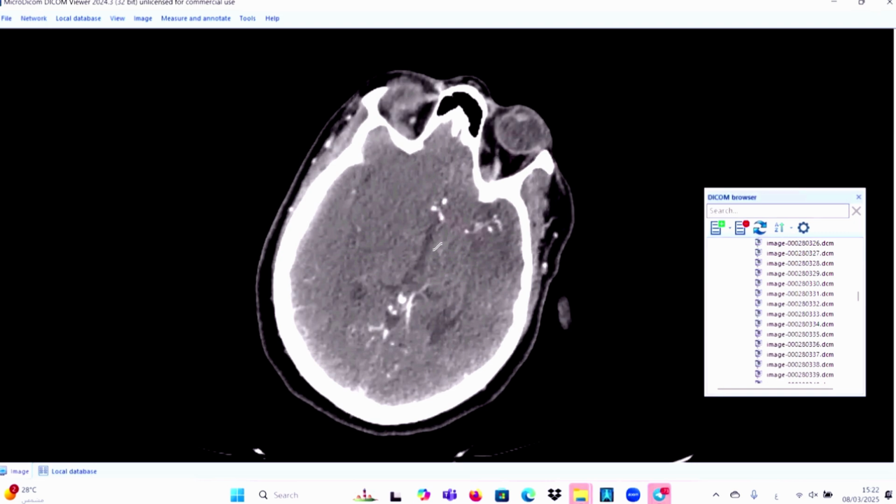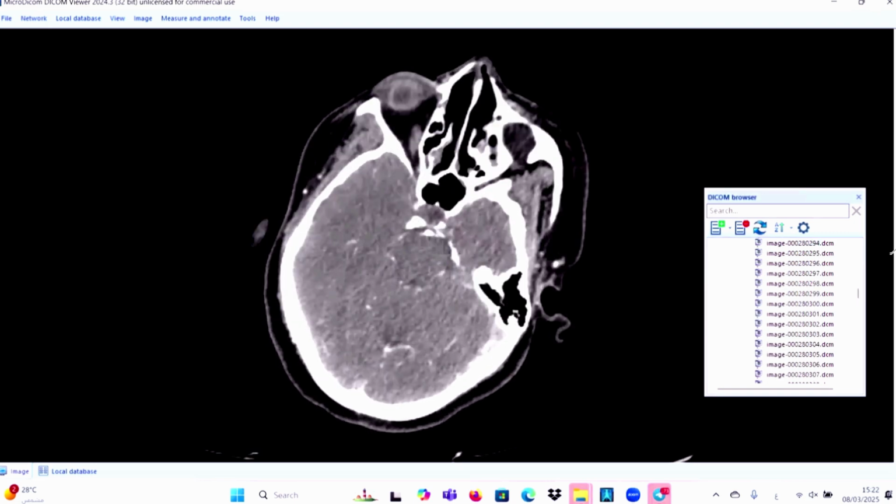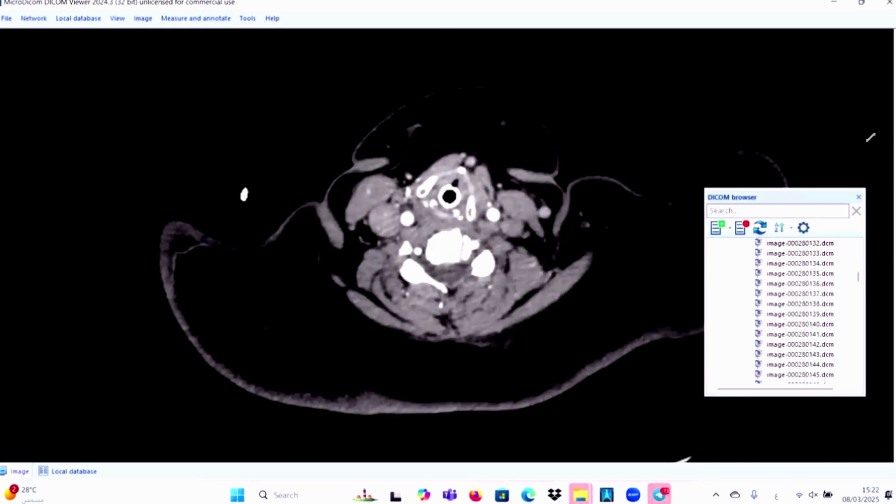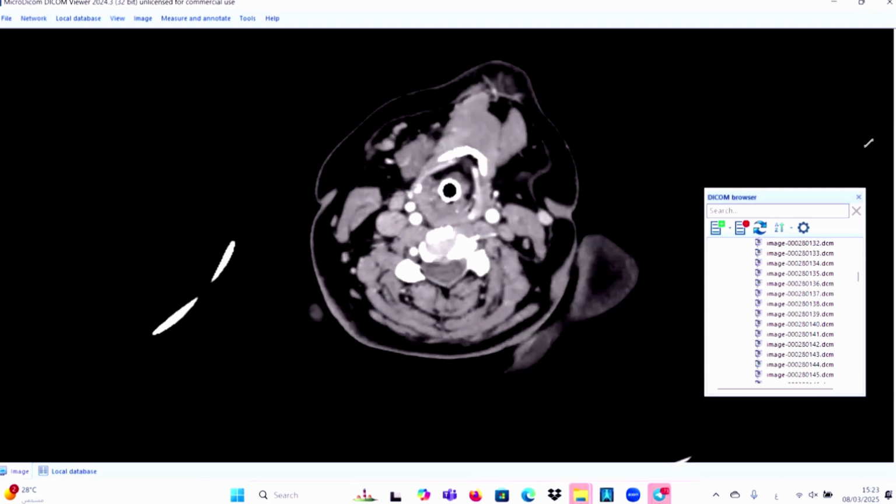Let's move to the right side. We will start also from down to up. This is the right common carotid artery. It appears patent with no occluded segments here. It divides into the external carotid artery and the internal carotid artery.